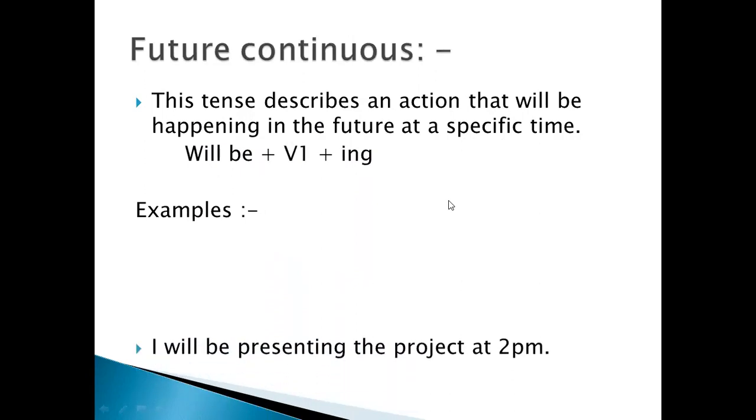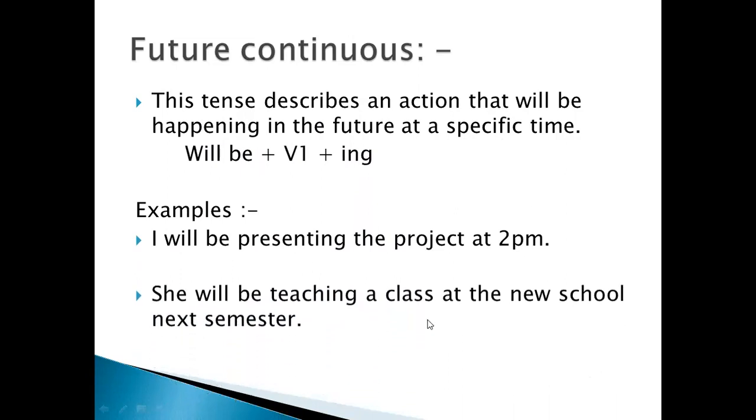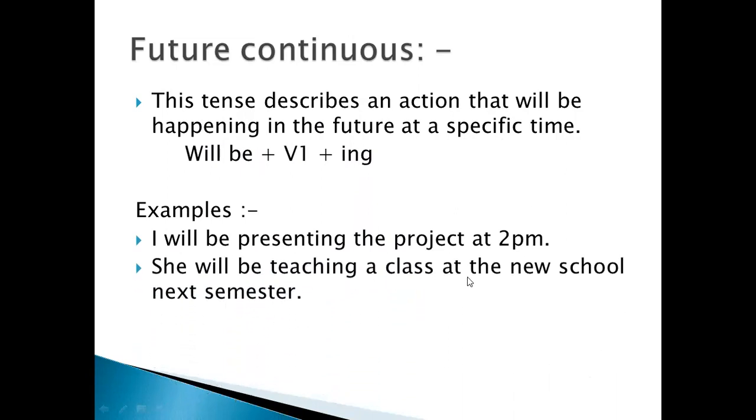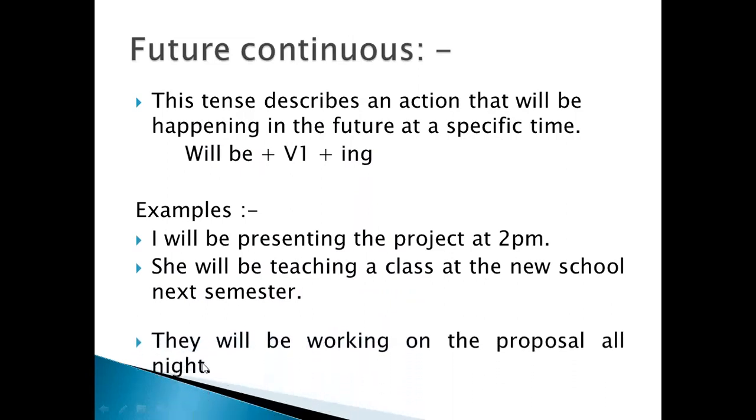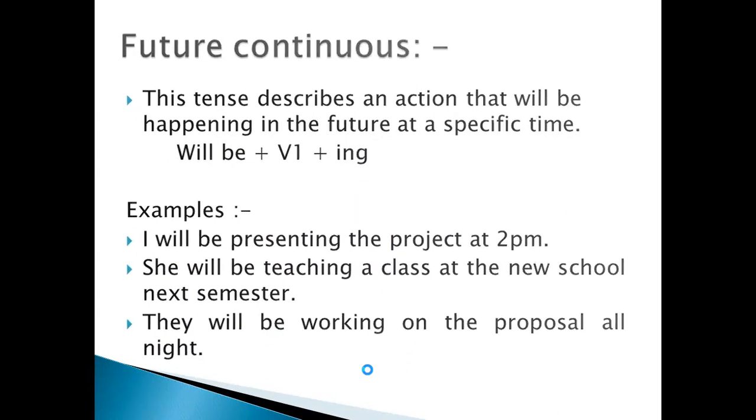And the examples are: I will be presenting the project at 2 p.m. She will be teaching a class at the new school next semester. They will be working on the proposal all night.